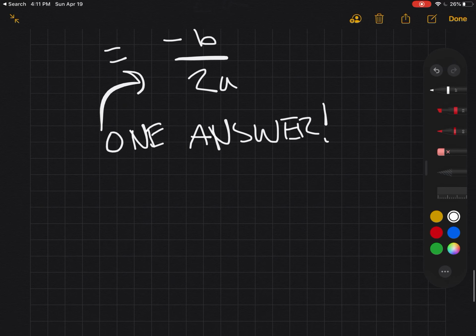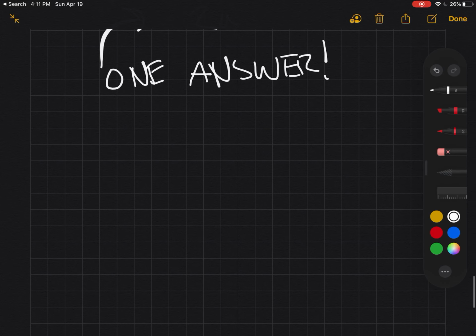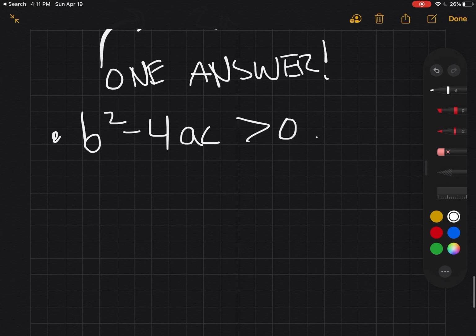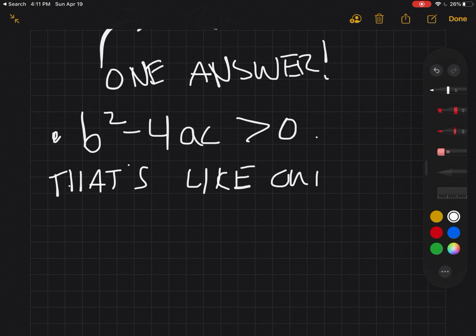And then I'd just be left with negative b plus or minus the square root of 0 all over 2a. It would just be negative b over 2a. And I only get one answer. That could happen.